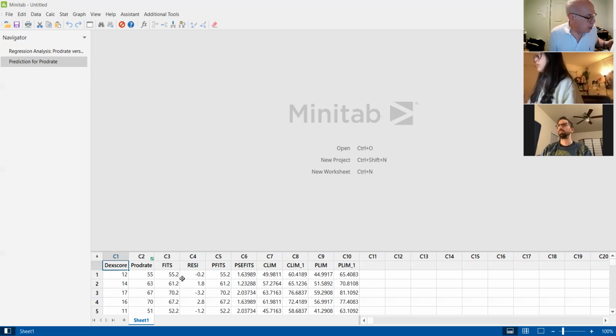Okay. I want you to figure out what this 1.63989 is. I want you to figure out what the standard error of the estimate is, which is going to be the same. The standard error of the estimate is going to be the same for each one of these values, isn't it?